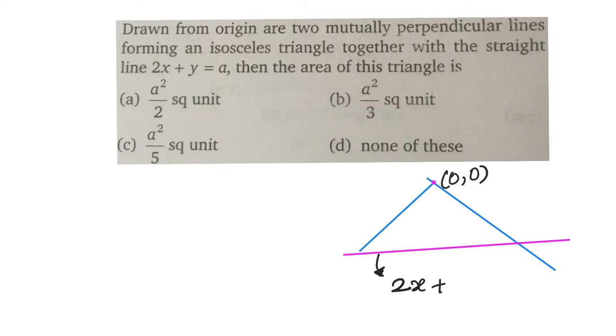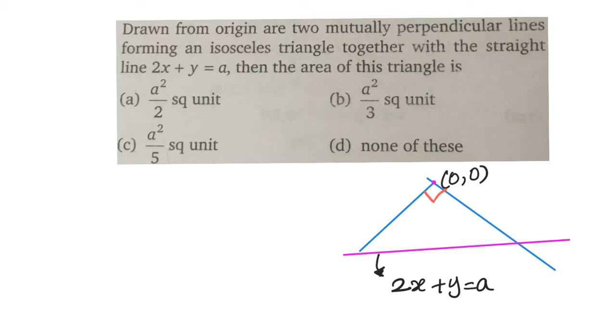If you take origin as O and the points of intersection with the line 2x + y = a as A and B, we have an isosceles right angle triangle AOB. What we need to find out is the area of this triangle AOB.